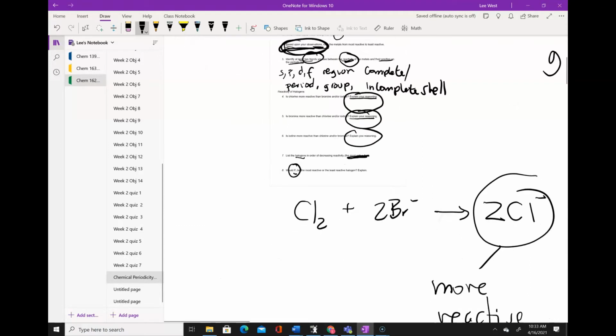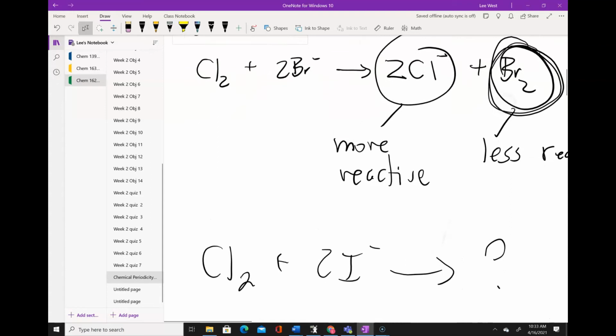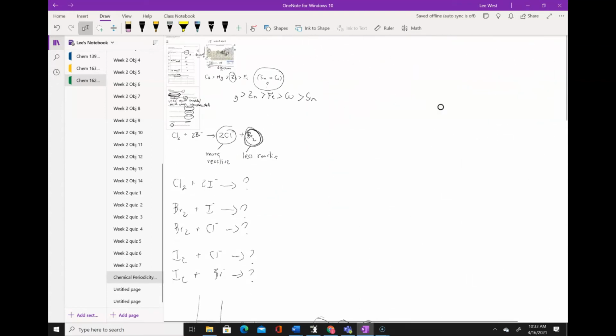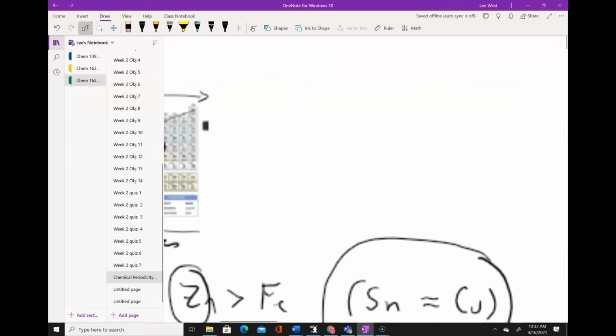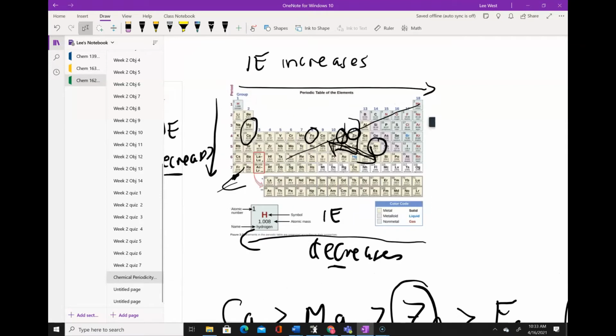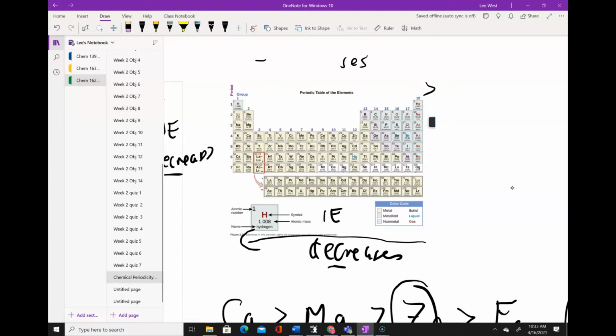Now, when you think about the reactivity of nonmetals, on my periodic table, what do nonmetals like to do? They like to gain electrons. They don't like to lose electrons. So we would hope that the reactivity will increase in the order in which electron affinity or electronegativity increases.